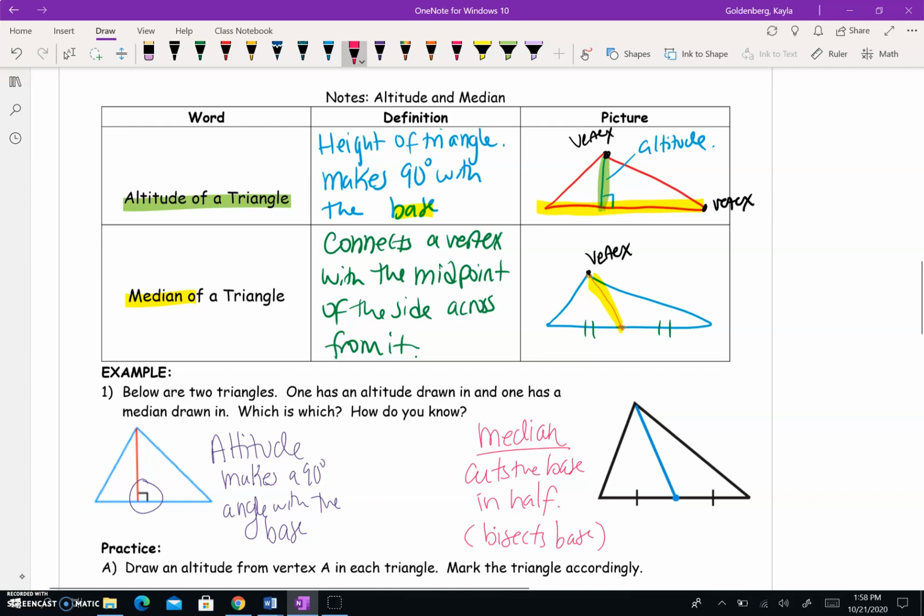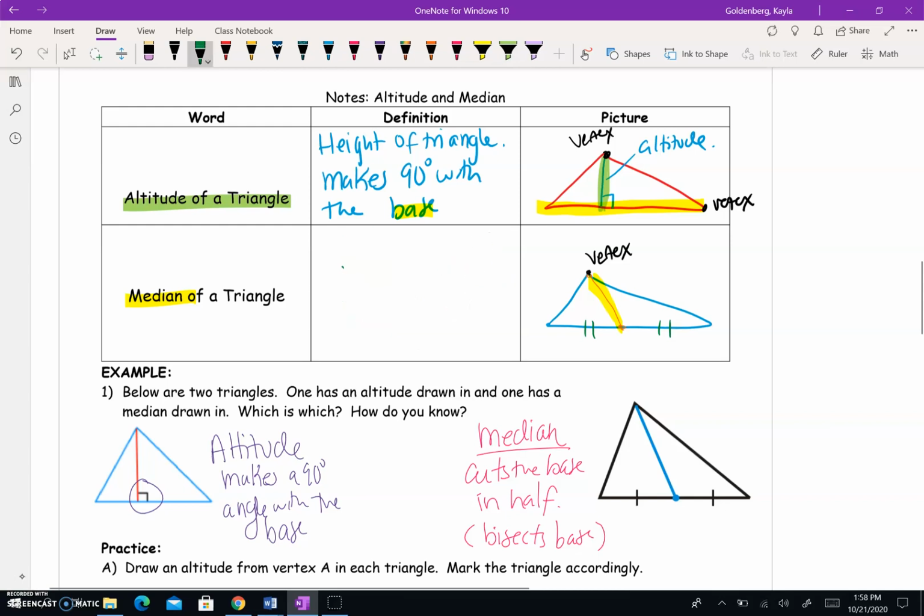If you feel like "connects the vertex with the midpoint of the side" is a little bit wordy, you could change it to "a line that bisects the base, and it goes from a vertex to a base." Feel free to change it if that makes more sense: it's a segment that goes from the vertex to the base, and it happens to cut the base in half.